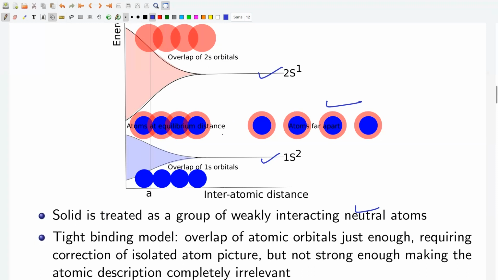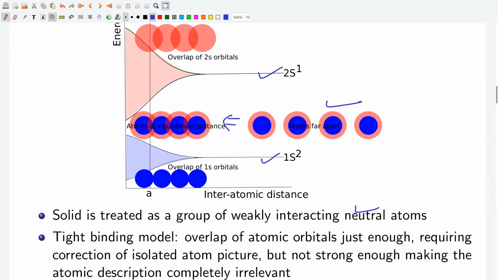However, as we move the isolated lithium atoms closer to each other, atomic orbitals start to overlap with each other. As a result, electron in an atom start to feel the presence of the neighboring atoms and the energy levels start deviating from the isolated atomic energy levels.